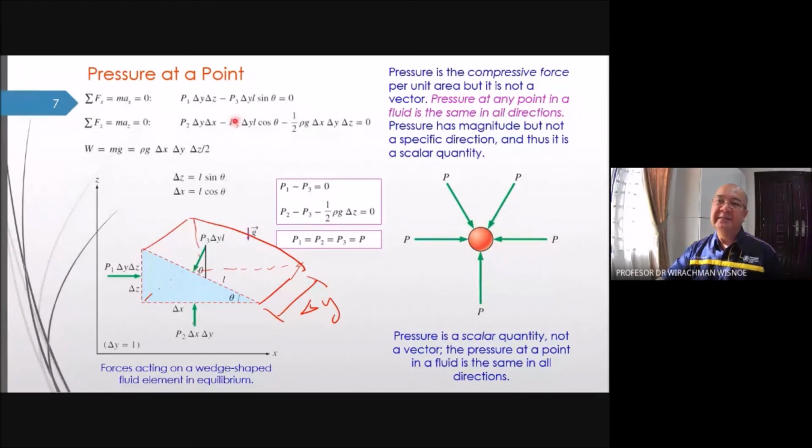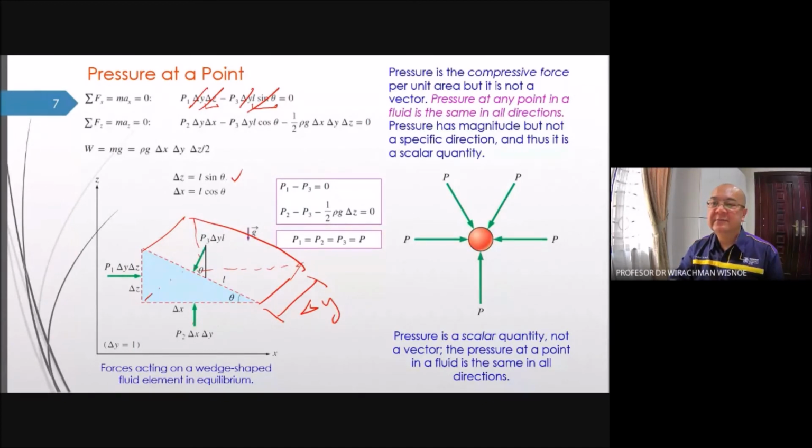So simplifying, delta y I remove. However, I have delta z, this one, L sin theta. If you have a right triangle like this, delta z is L sin theta. So it means this L sin theta here is delta z. So I can cancel that one as well. With that, I write P1 minus P3 equal to 0.